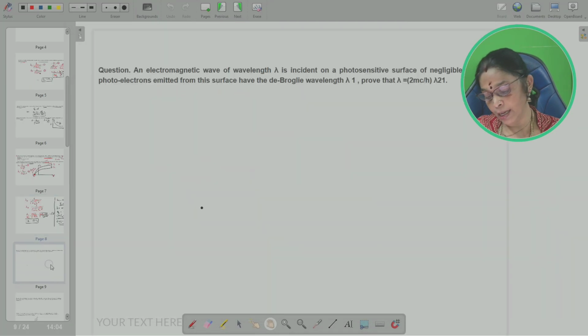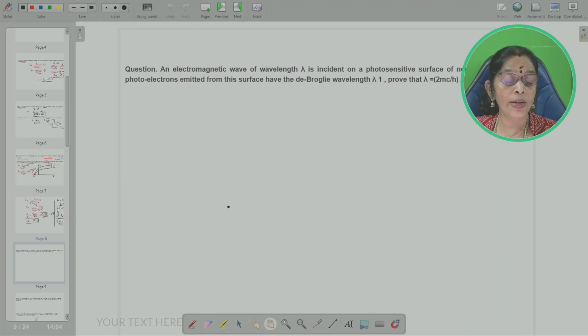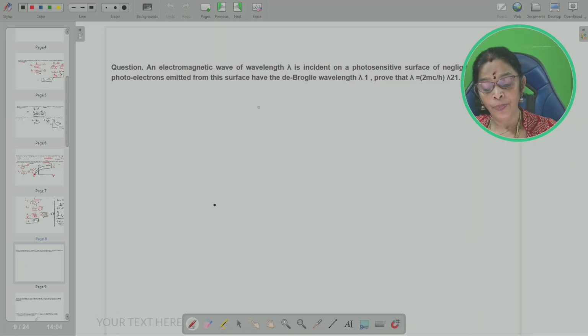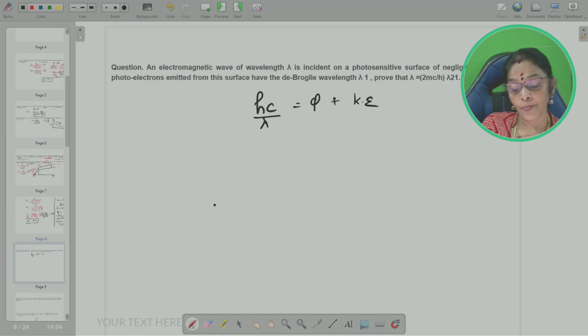Okay, so can we go to the next? It's very simple, a matter of half an hour you can complete it only if you know the concept and the formulas. Electromagnetic wavelength lambda is incident on a photosensitive surface of negligible work function. We know that hc by lambda is equal to phi plus kinetic energy.